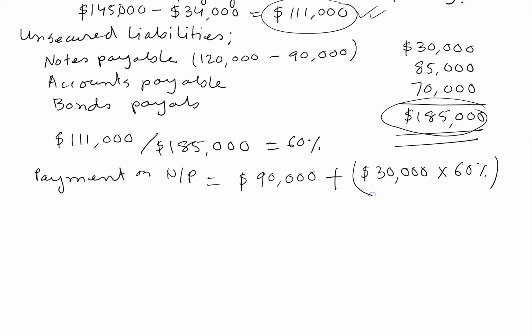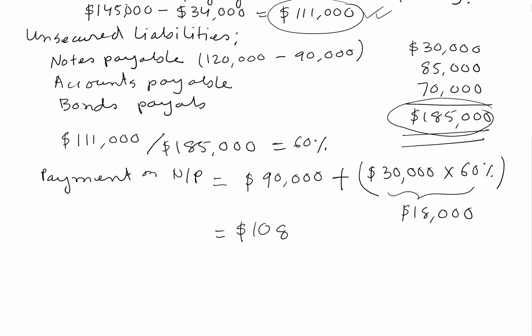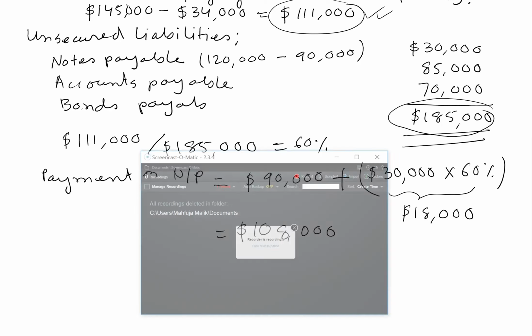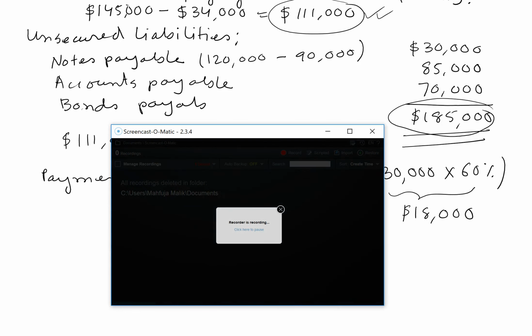Take 60% of 30,000, which is $18,000, and then they will of course get these 90,000 from the land. So the total answer is that the notes payable holders will be able to get $108,000. So this is the problem, and I hope you will understand it.